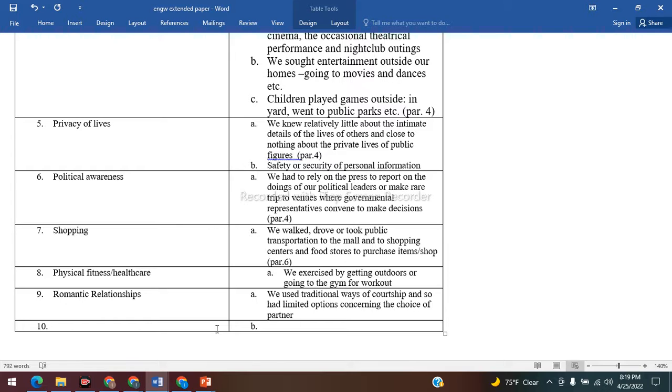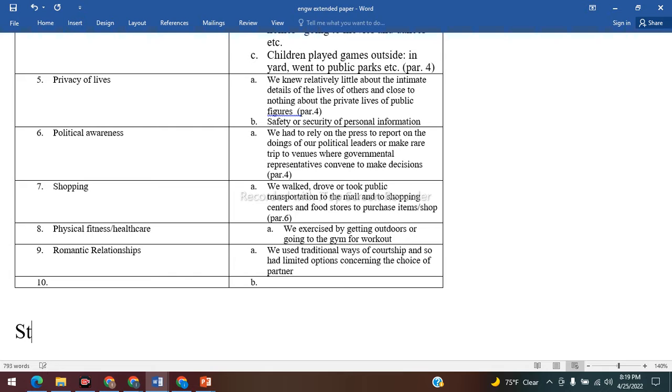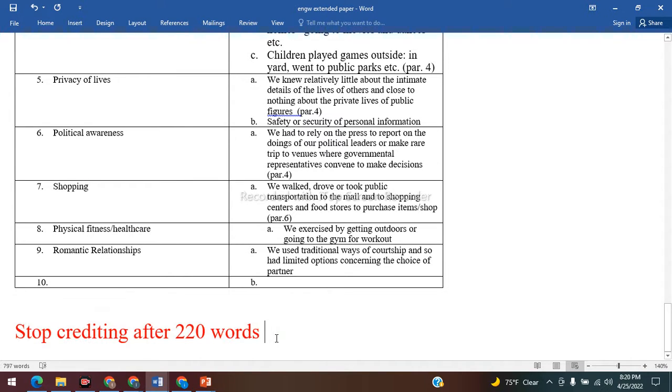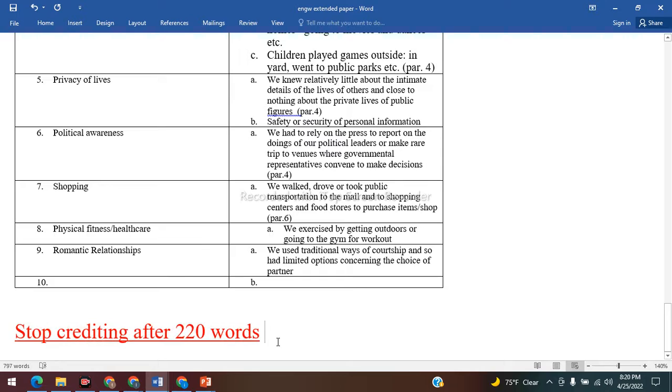And they tell the examiner to stop crediting after 220 words. What does that mean? They're telling the examiner to stop giving points after 220 words. Above 220, that is what we accept basically.